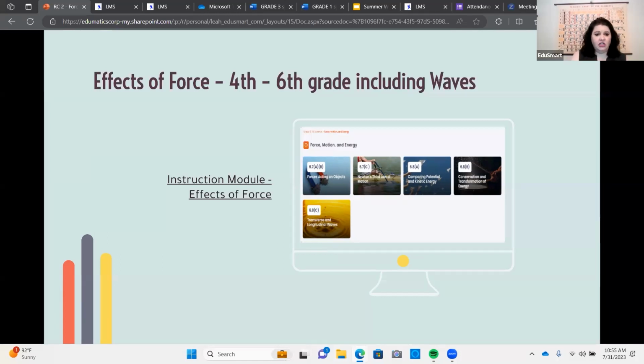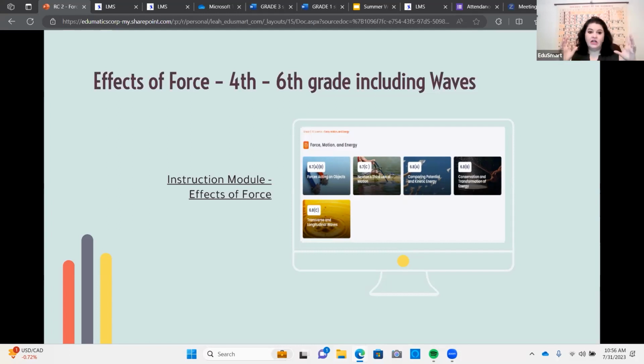It builds in all of the concepts starting in third grade. So we're talking magnetism and gravity, friction, and how those things affect a force. And then it builds into the transfer of energy, including waves. And that's a brand new concept in fourth grade, is that transfer of energy through waves.